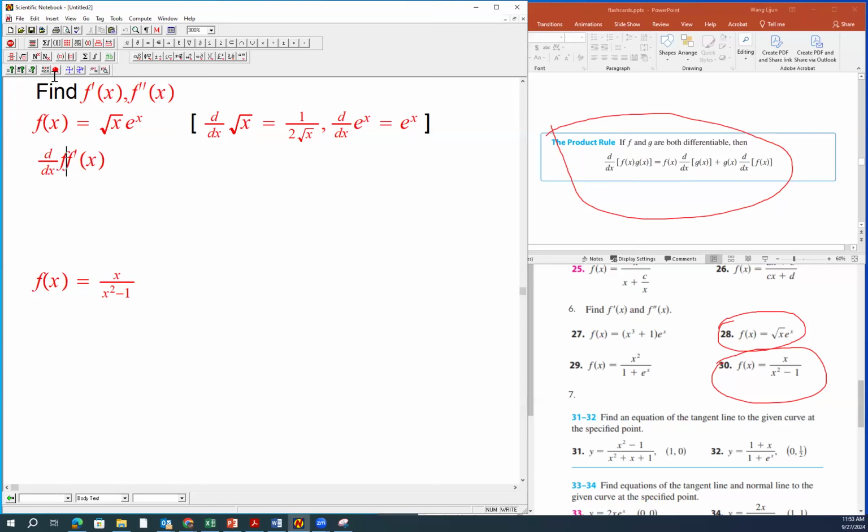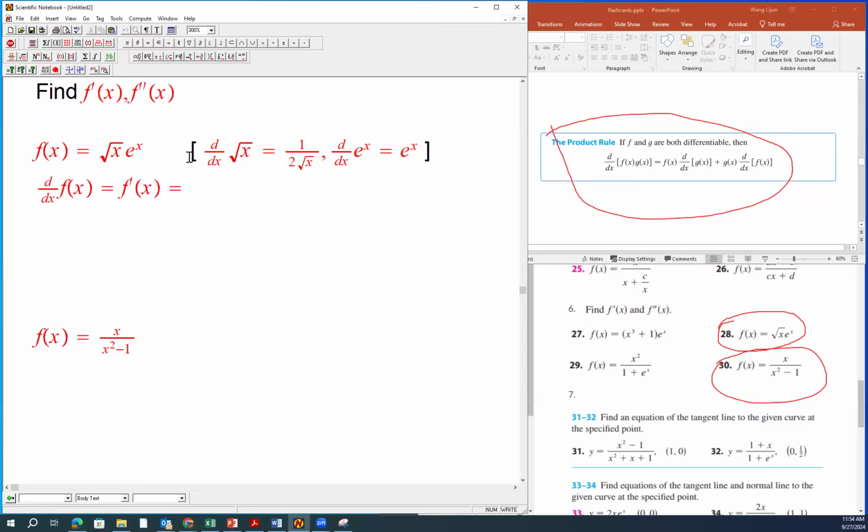So f of x. Either form equals, and I'm going to follow this formula. You just have to designate which one is f and which one is g. Take the first one as f, the second one as g.